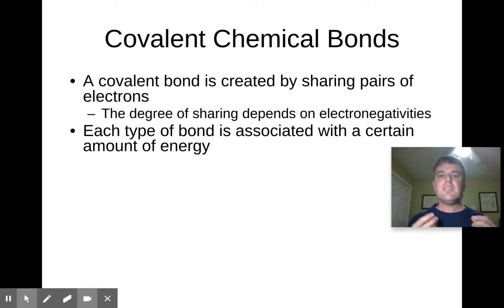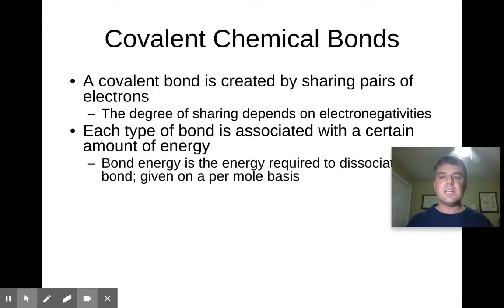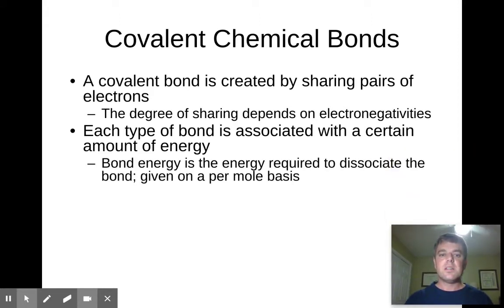And each covalent bond has a certain amount of energy associated with it called bond energy or bond dissociation energy, which is how much energy you would have to apply to the molecule to break the bond. Energy is required to break bonds because when a bond forms, energy is released.